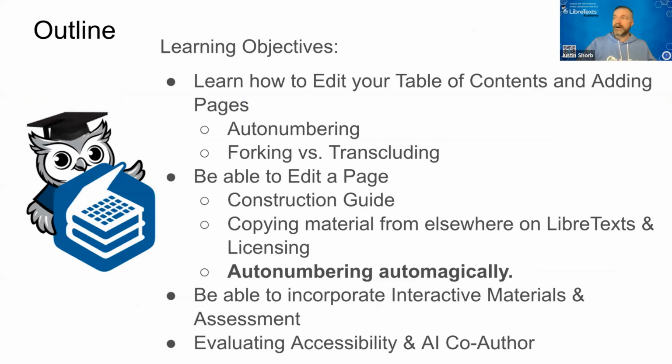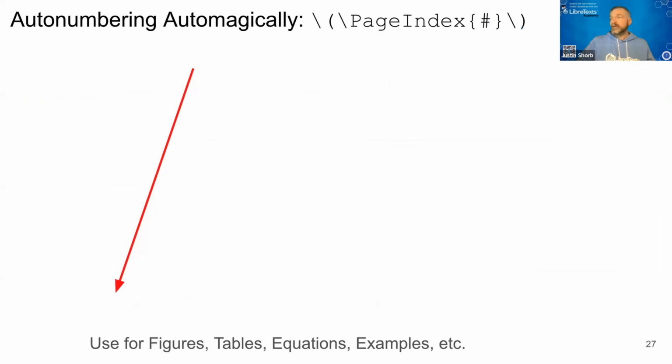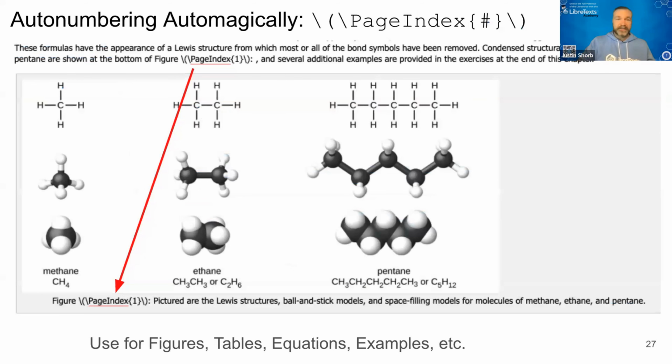We're going to mention something with auto numbering automatically. So within our textbook, one of the things we request that authors always do is to use this page index chunk of little code there. And what this does is it auto numbers based on the book that page is currently in.